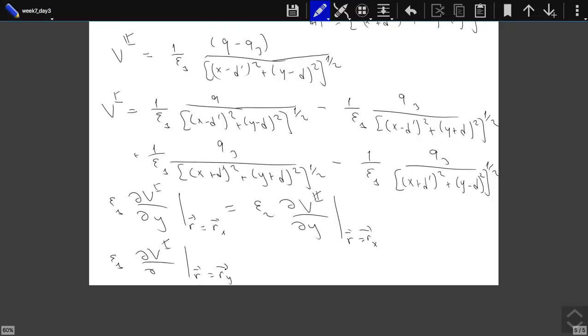Well, you can choose any direction you want, in fact. Either the plus x or minus x doesn't really make any difference. Epsilon 1 del V1 over del x should be equal to epsilon 2 del V2 over del x at y equal to 0, and this is at x equal to 0.